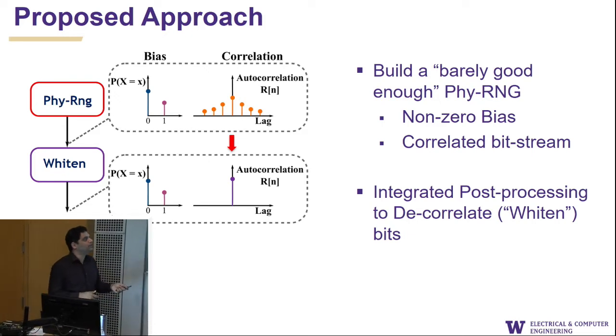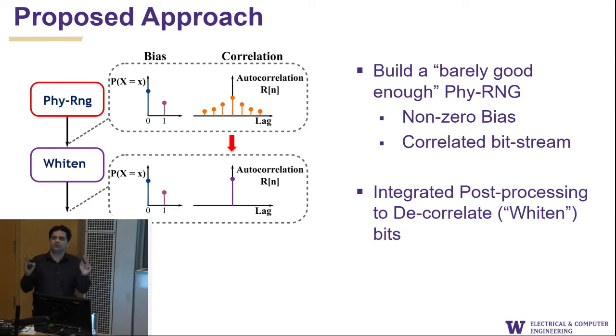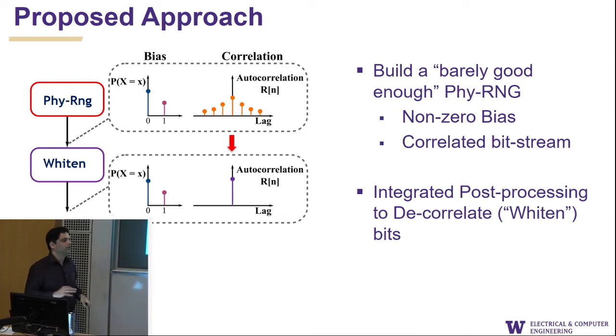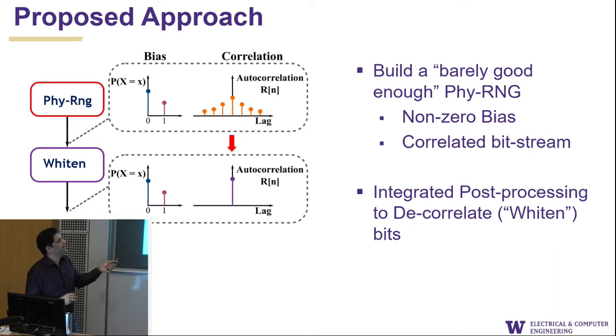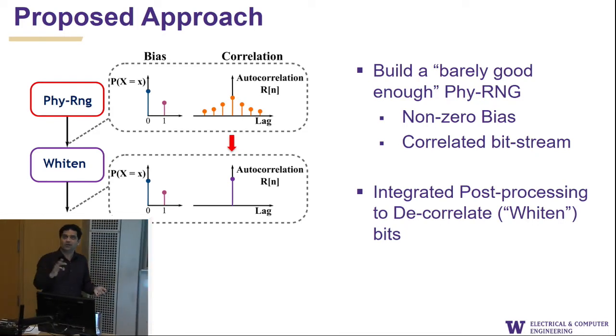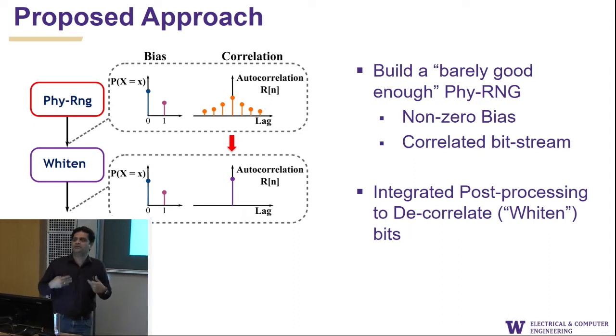What we basically do is we decorrelate this using extremely simple ideas in Markov chains, like very simple. What we then do by whitening it is we basically ideally eradicate the autocorrelation in that bit sequence. It's still biased, but now at least the bits can be viewed as coming out independently of each other.